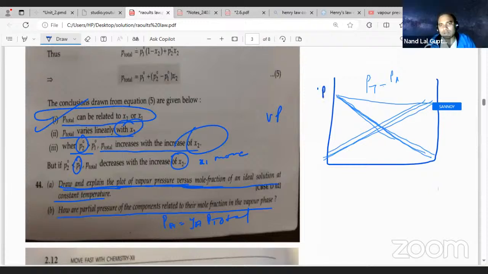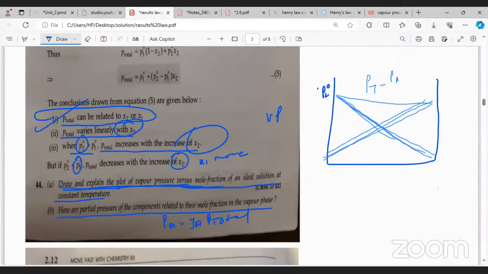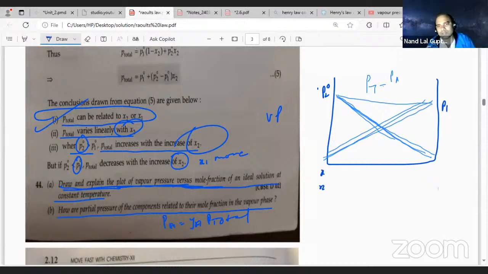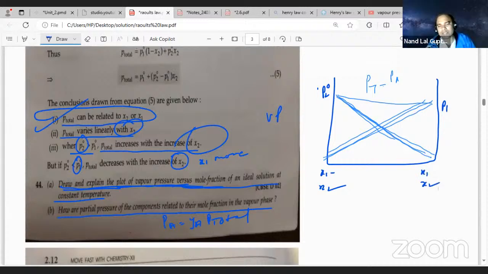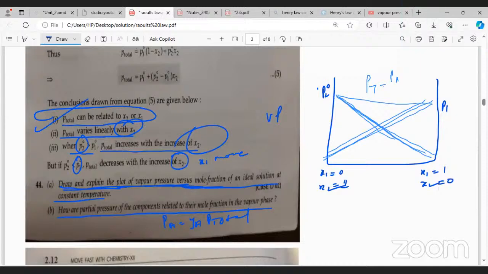So here you need to write P2 naught, and this one is P1 naught. So for mole fraction here, which one will be high and which one will be low? P2 will be high and P1 will be low. So here X1 will be 0 and X2 will be 1. Here X1 will be 1 and X2 will be 0. Are you getting this? Yes, sir.